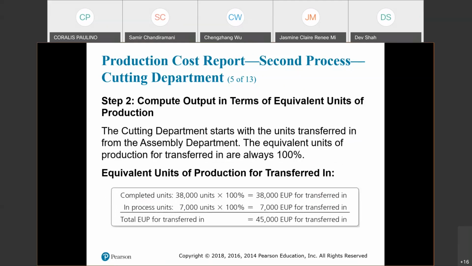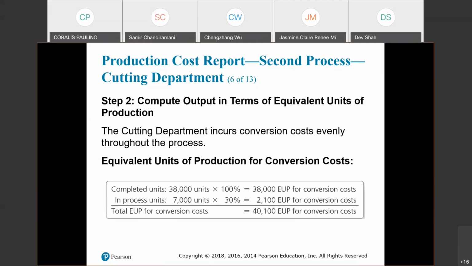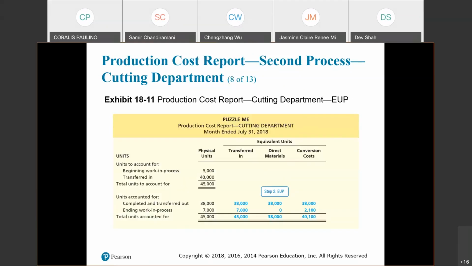So if we jump a little bit ahead, you can see here is the difference. Well, for the production cost reports in the first department, you do not see this part. But here is the production cost report for the subsequent department.